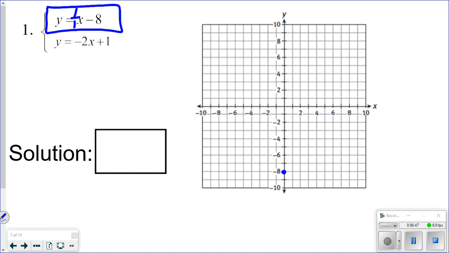And think about Mr. Slope Dude. Remember that if you have a positive slope, your line needs to be increasing from left to right. And if you have a negative slope, your line needs to be decreasing or declining from left to right.